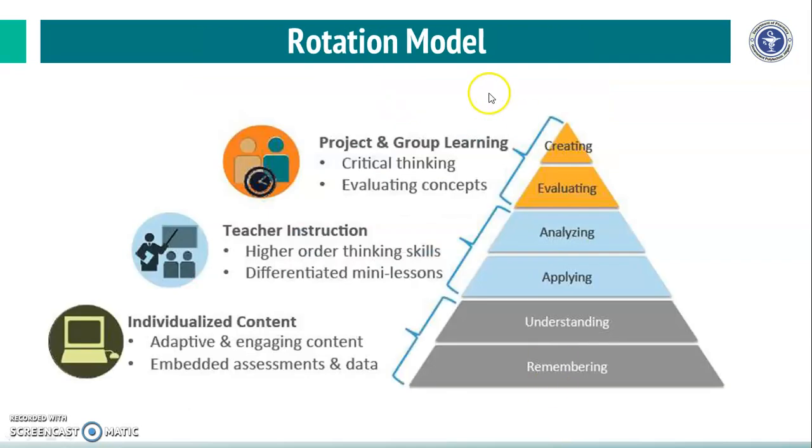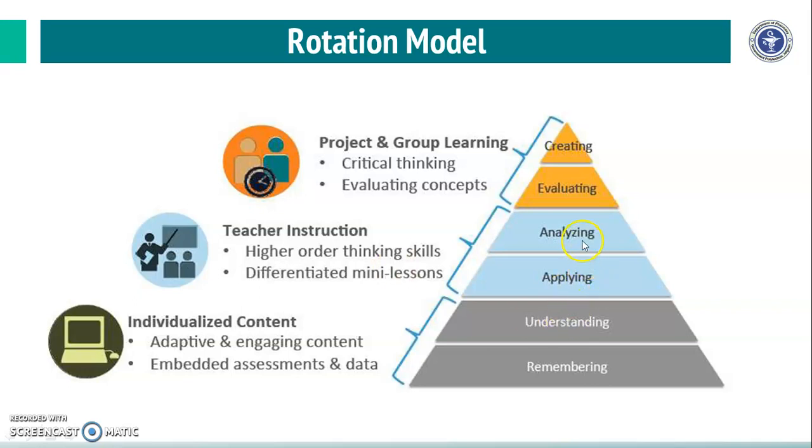When we consider the rotation model, the first part is that the content is delivered online, where the assessment is embedded, but the online content is useful for remembering and understanding. The second part is teacher instruction, where he ensures that higher order thinking skills are applied by the students during the activity.